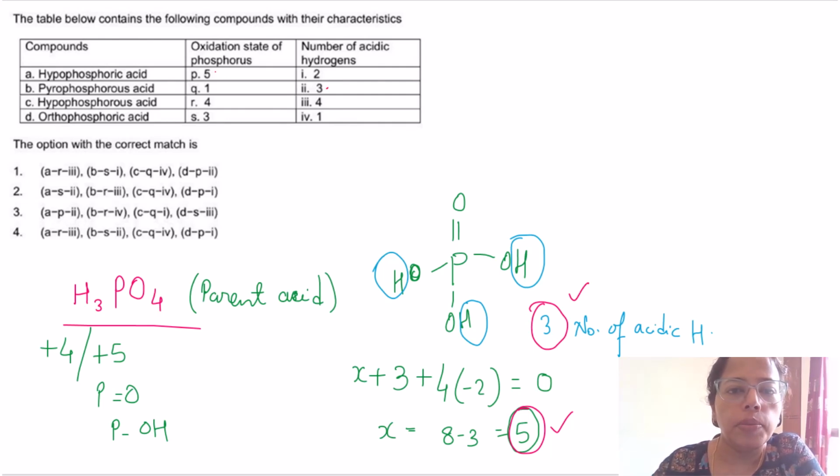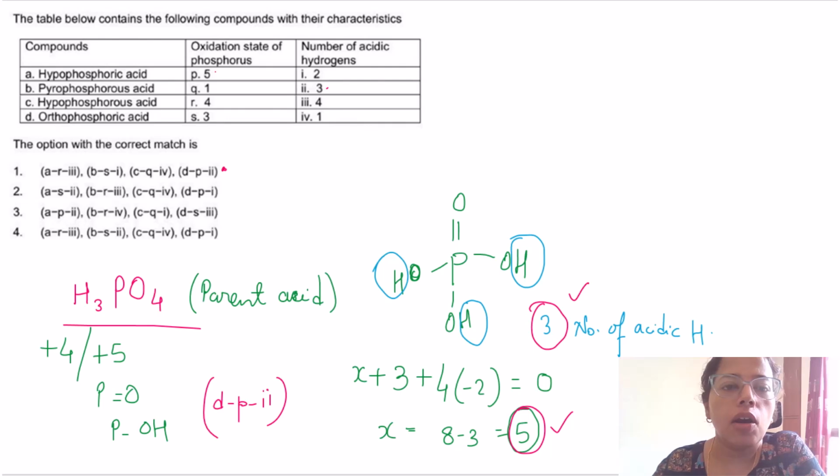So D-P-2. One of the options should have DP2. So let's see if we have DP2. The first option has DP2. The rest of the options have DP1, DS3, DP1. No, we have DP2 in the first option. So most probably the first option should be our correct answer.